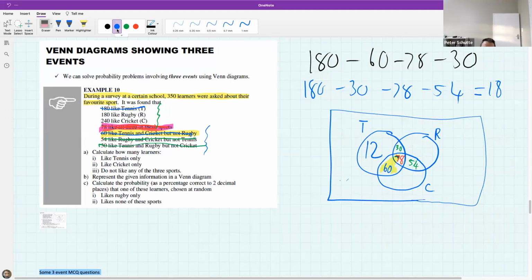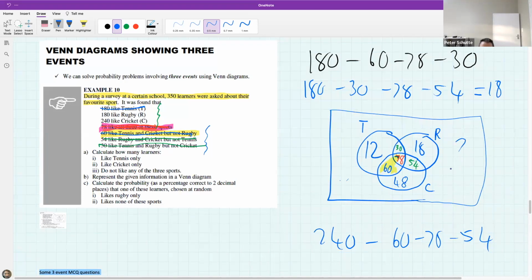And so that is going to be 18. What about down here? What's going to be here? So there we have 240 minus 60 minus 78 minus 54, and you should get 48.